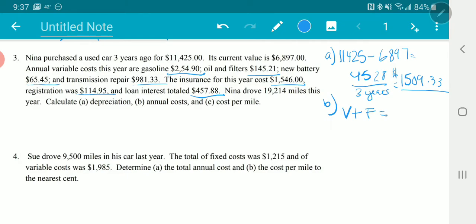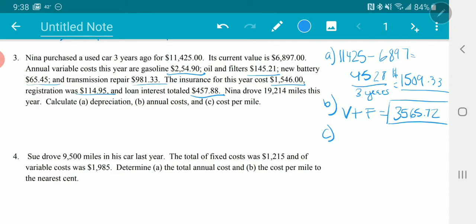All you've got to do is add those up to get your total cost. When I add all my variable and my fixed costs, this one comes to 3,565 and 72 cents. And those are all my costs for the year.